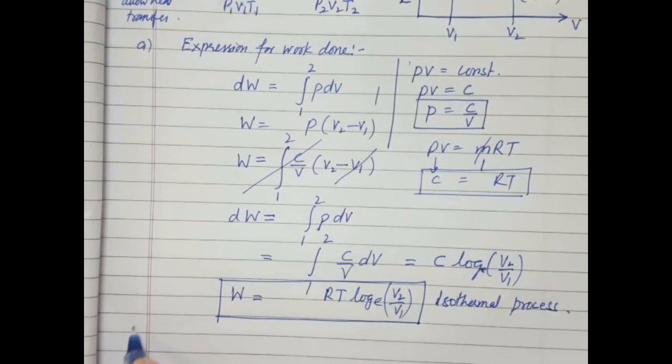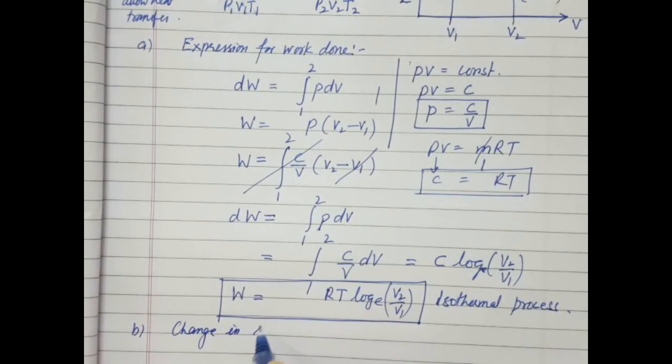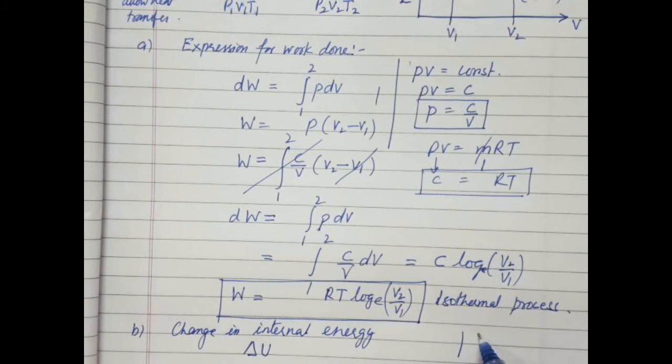Now change in internal energy, delta U. Now you know the equation, Q is equal to W plus dU.